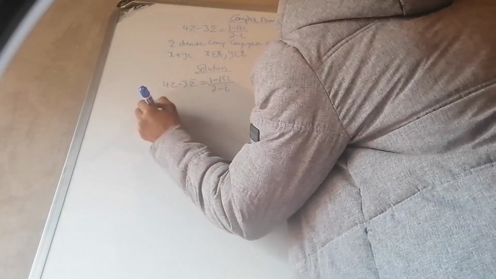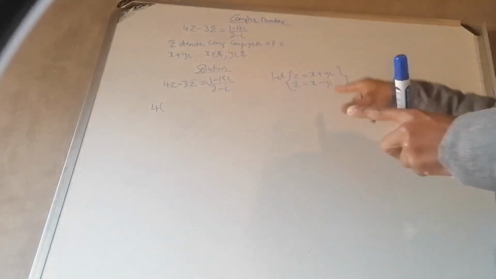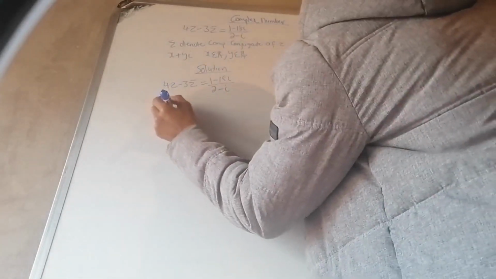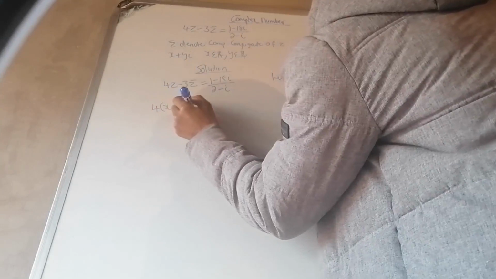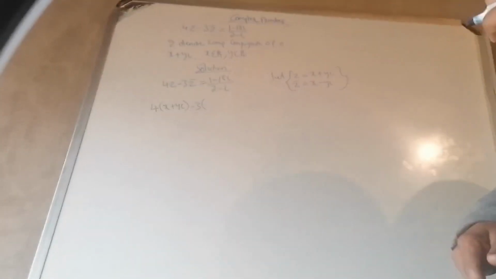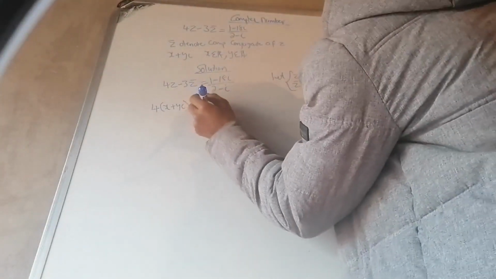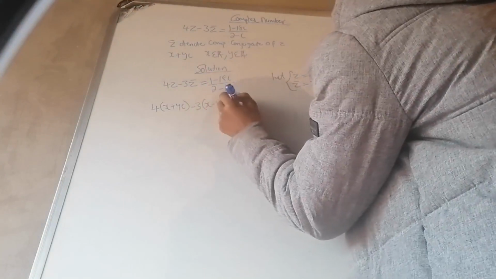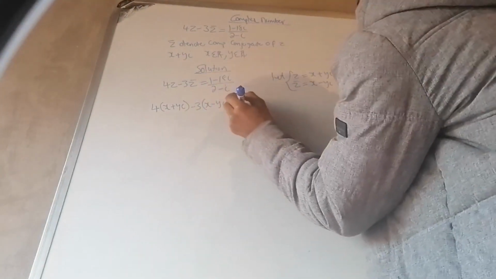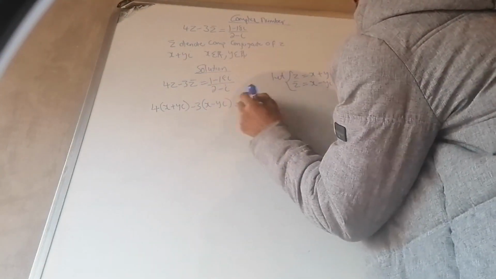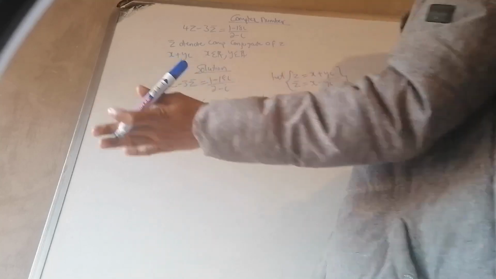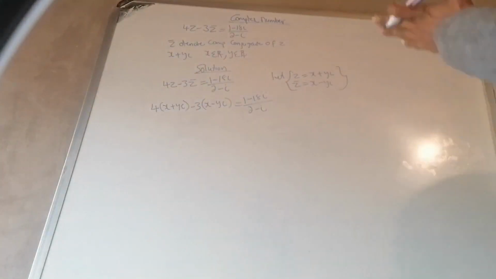So where I see z, I write x plus yi, minus 3 where I see z bar, I write x minus yi, and this is equal to (1 minus 18i) over (2 minus i). You can already see what is going to transpire.